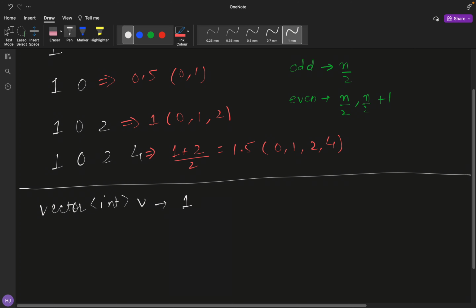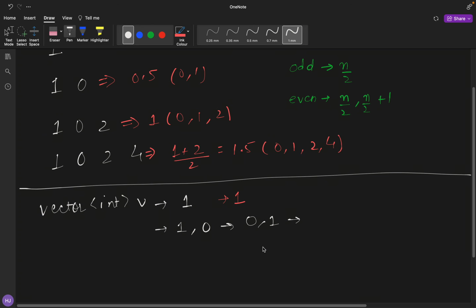So let's push 1 into the vector. At this point my median is 1, as already discussed. Then afterwards I get 0, and I sort this list in ascending order, which is 0, 1.